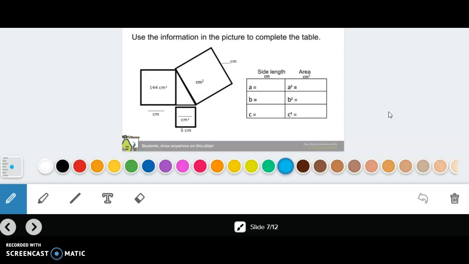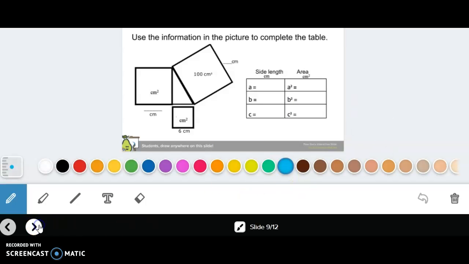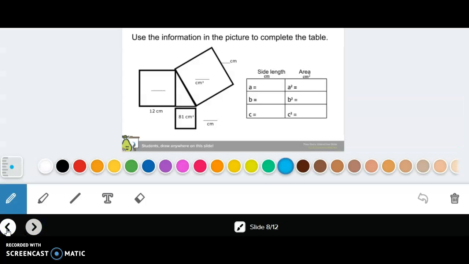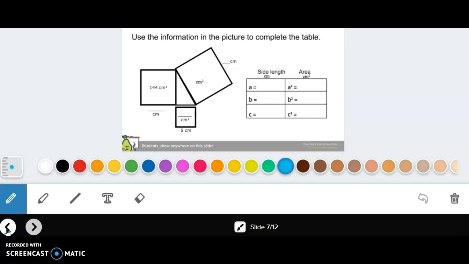So the rest of the slides are for you to try to practice. So sometimes you are given the length of a side and you have to figure out what that side is squared, right?